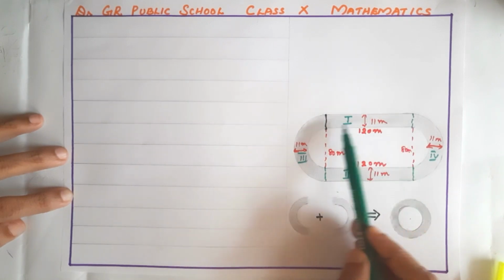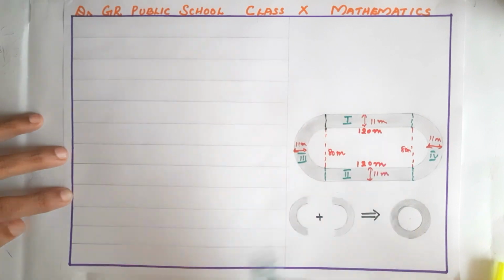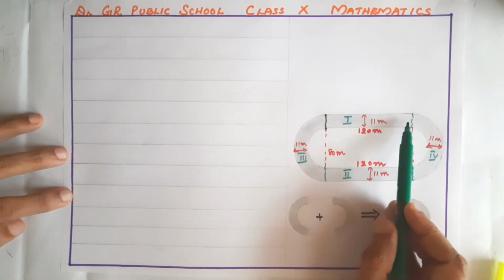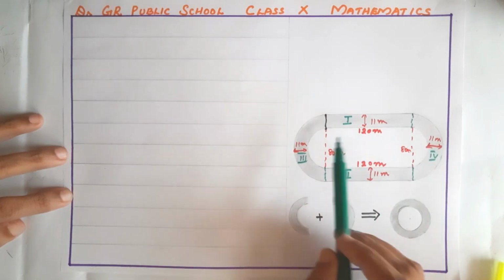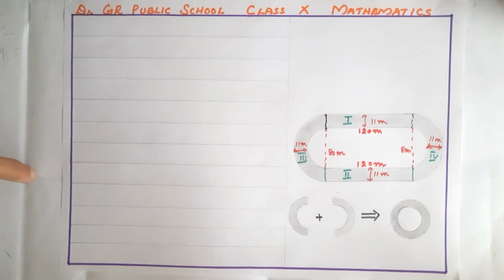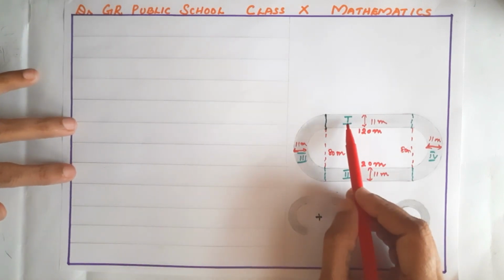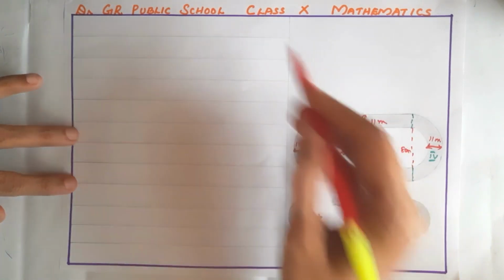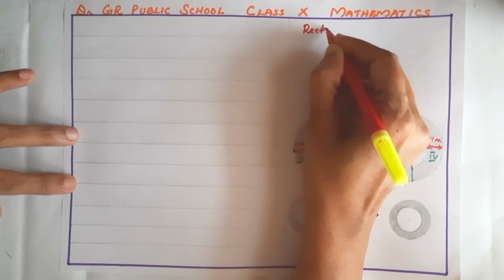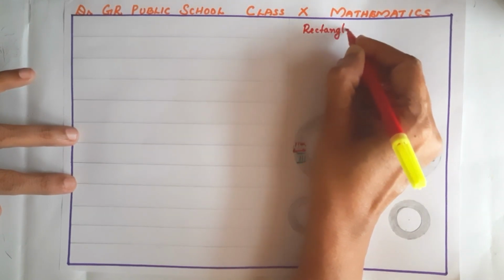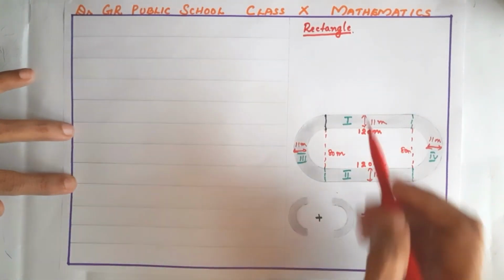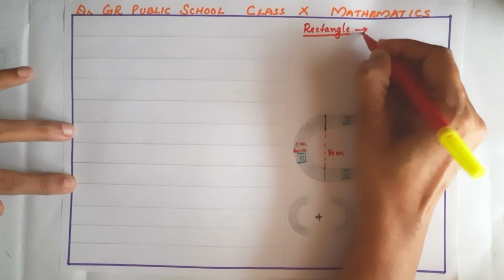Now how will you get the area of this first portion? What is the shape? It is a rectangle, isn't it? So the area of a rectangle formula is length into breadth. So the first portion is a rectangle. To find out the area we need length and breadth. What is length?